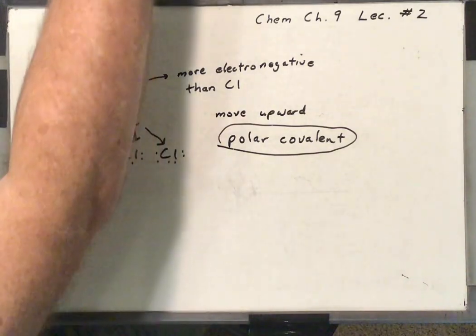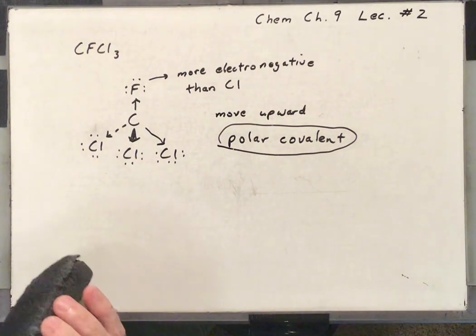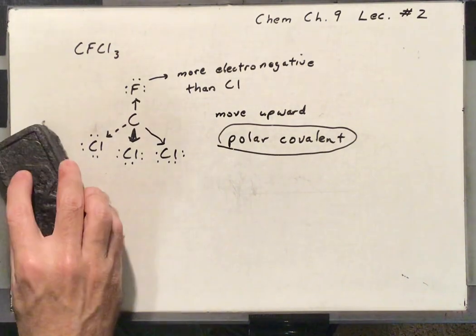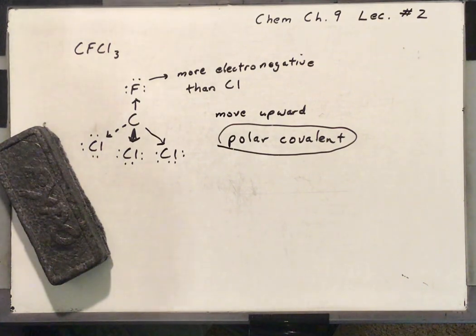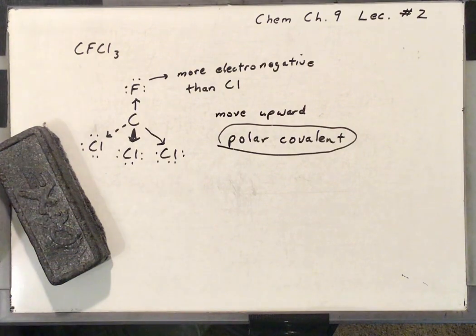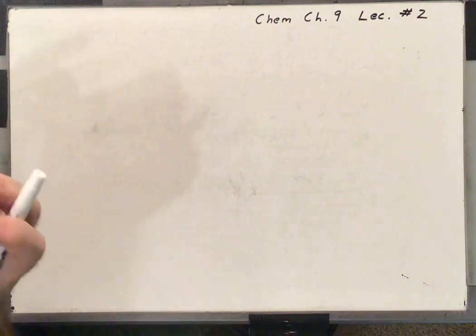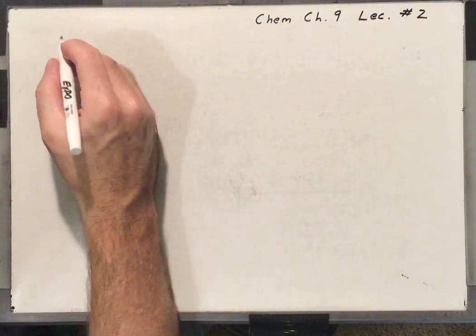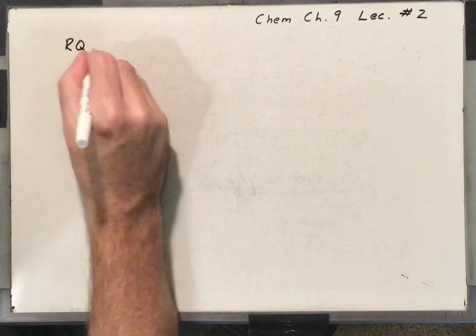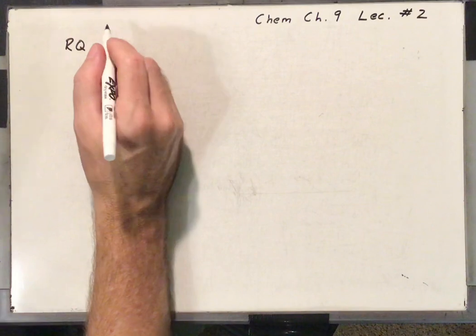Okay, the homework that goes with this lecture. You did review questions on the last homework, 1 through 6, I believe. So let's go ahead and do review questions on page 317.